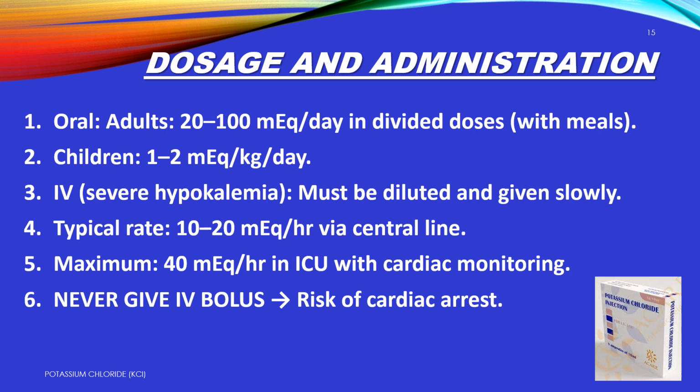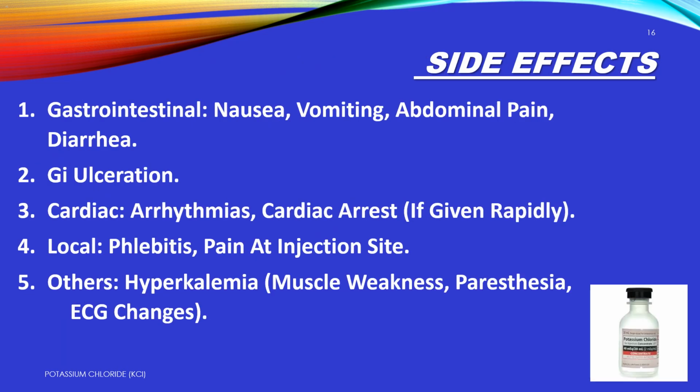In intensive care settings with cardiac monitoring, the maximum rate can be increased to 40 milliequivalents per hour. 6. Never give IV bolus leading to risk of cardiac arrest. Potassium chloride should never be given as an IV bolus, as this can cause a rapid increase in potassium levels, leading to cardiac arrest.